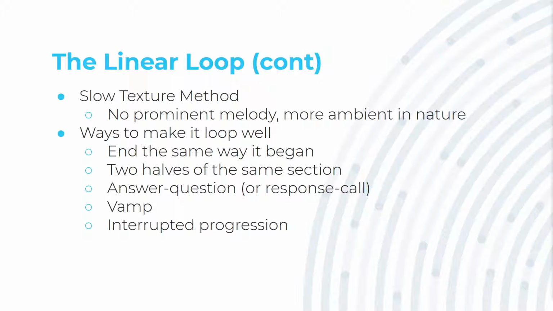And here's a few different ways to make something loop well. Ending the same way as it began. Of all things, Dark Side of the Moon by Pink Floyd is a great example of this, with the initial track Breathe beginning with a heartbeat, and the same heartbeat is at the end of the final track Eclipse.